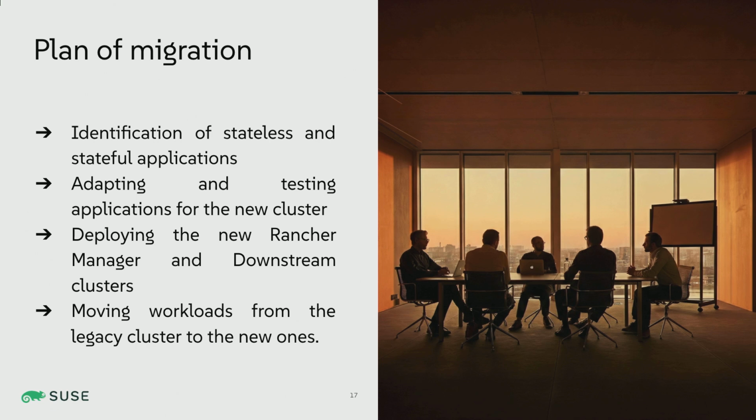So we evaluated everything, and we came up with a migration plan. We first identified every stateless and stateful application that we had on our systems. We planned our migration for all of those applications, and we started to adapt and test all these applications on the new cluster already.